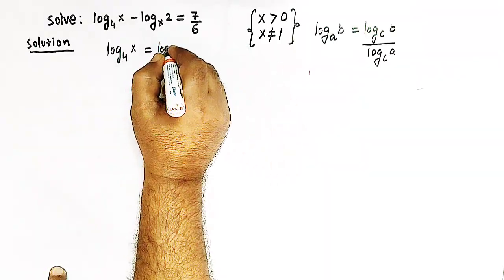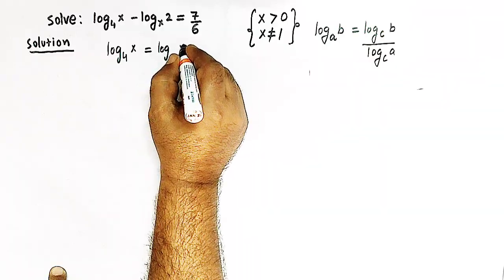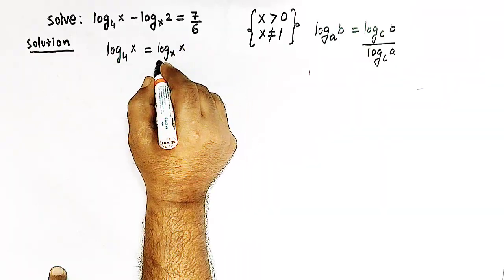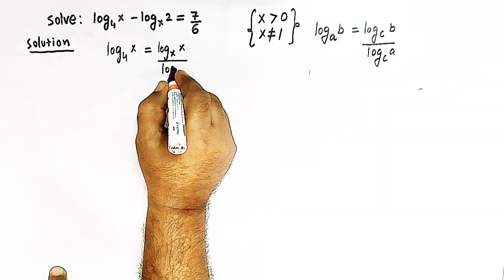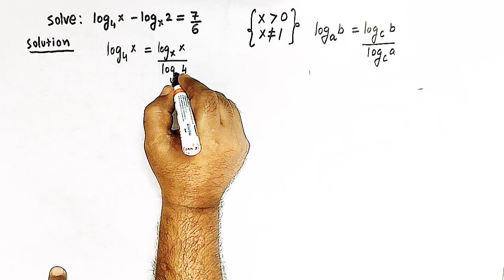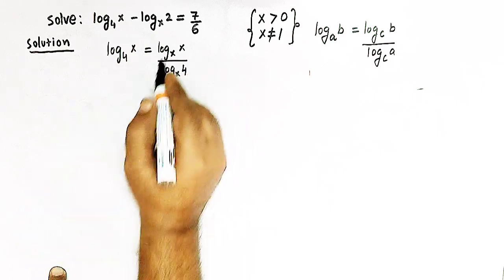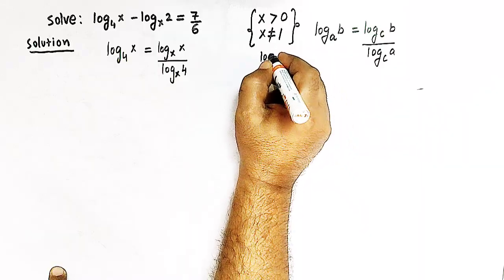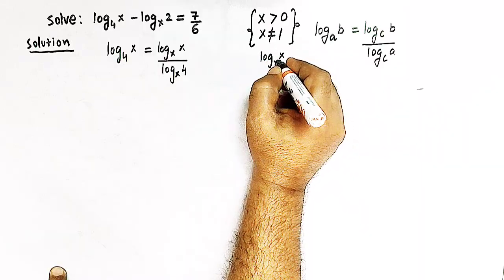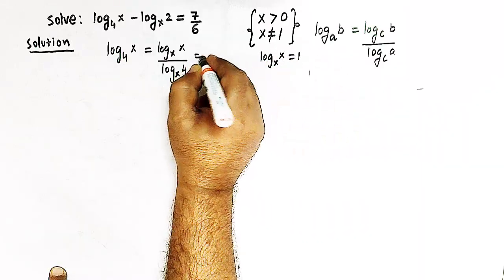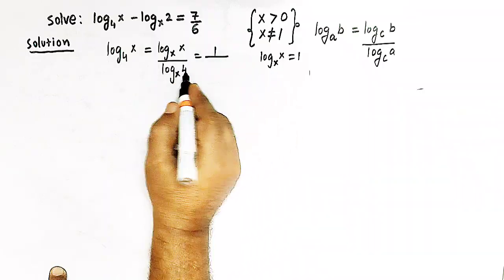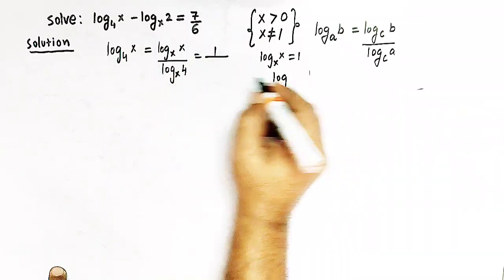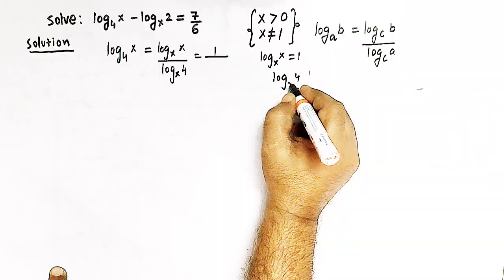So we can now write here log x to the base x, and here we have log of 4 to the base x, right? And here log x to the base x is 1. So here we have 1, and here we have log 4 to the base x.